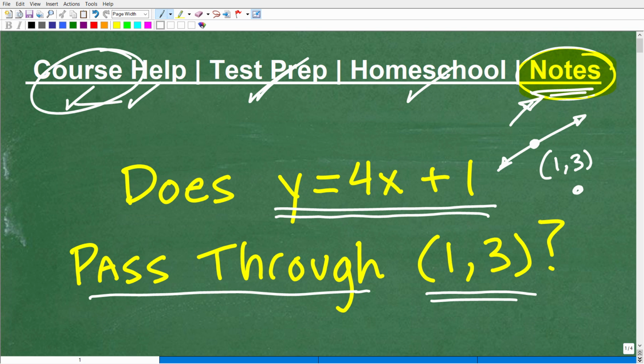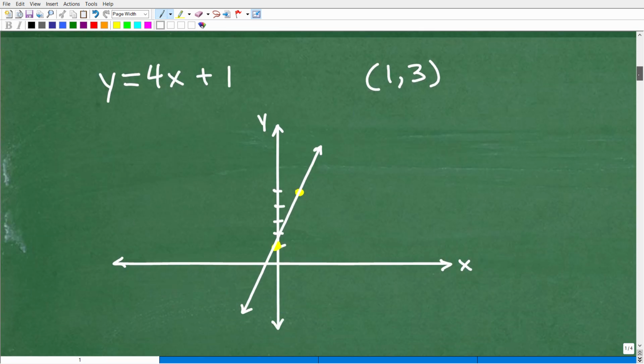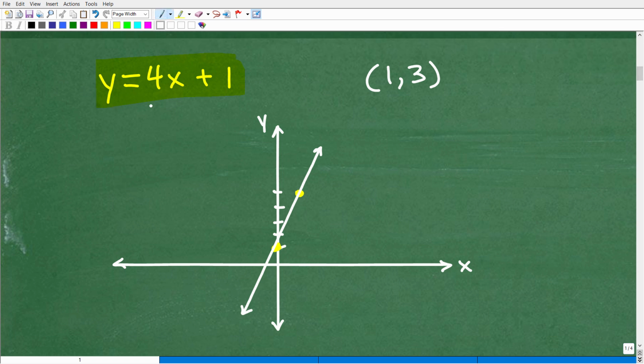Okay, so let's get into this question, and let me show you graphically what's going on here. If I asked you to graph this line, this linear equation, y equals 4x plus 1, that's a separate question in and of itself. This is in y equals mx plus b form. 1 is the y-intercept. It's the point where, and I have a basic sketch here, it doesn't show it perfectly, but this would be 1.